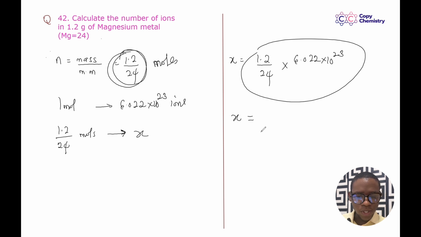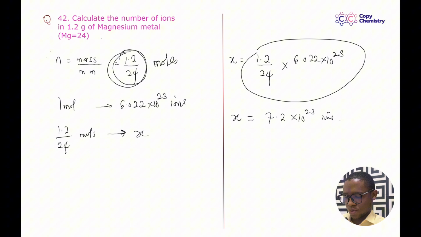If you do that properly, you should get the number of ions that's present there. So hold on, I need to confirm this.